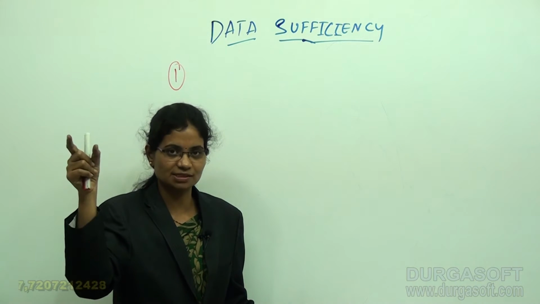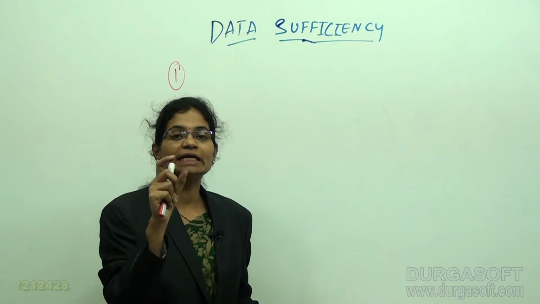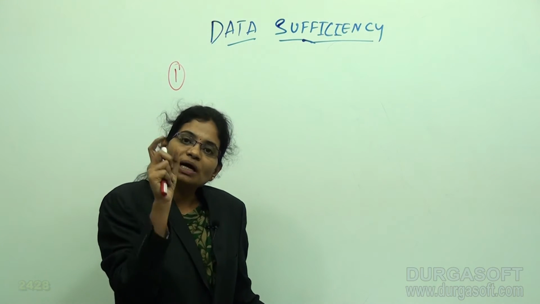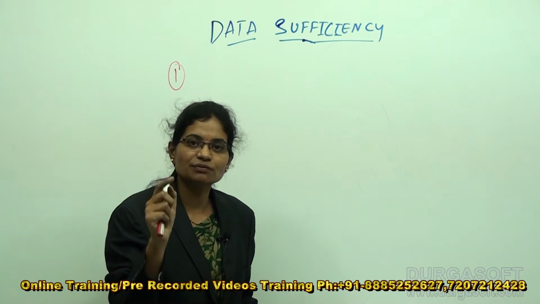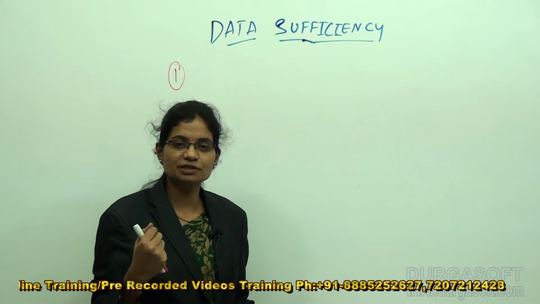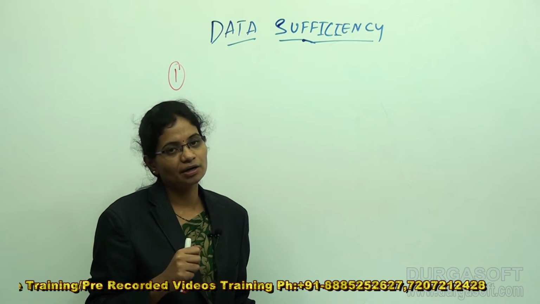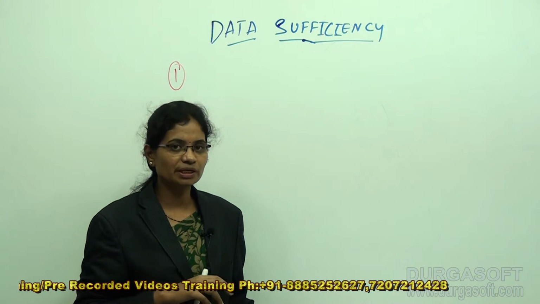That means the examiner will be giving us incomplete data. To complete that data, we have to see whether statement 1 or statement 2 is sufficient to complete the given question's data. So this is what we are going to do here.